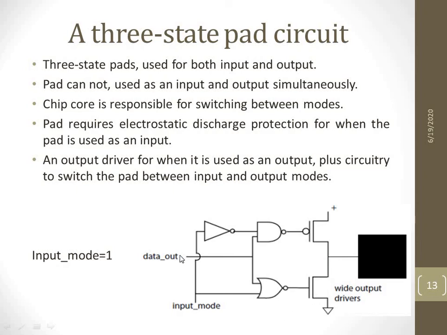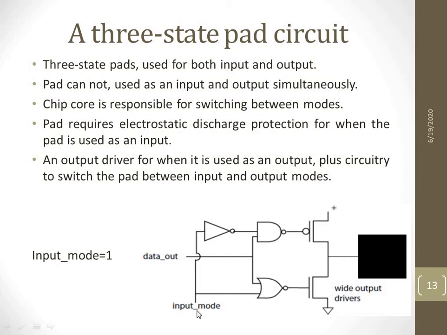The data out, which is given between these two connections, will be passed here and will make this MOSFET either on or off, so that we can use these wide output drivers, the pads, as a switch to pass the signal.